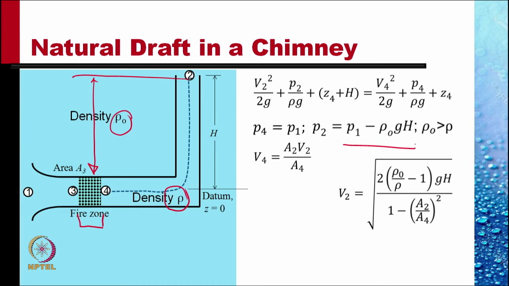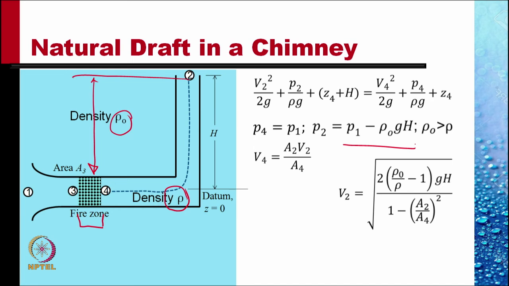Here you know the velocity depends directly as a square root of rho naught by rho minus 1. It only works if rho naught is more than rho. If rho naught is equal to rho, that is the temperature inside the chimney is the same as the temperature outside, so that rho naught is equal to rho, then this velocity would be 0.